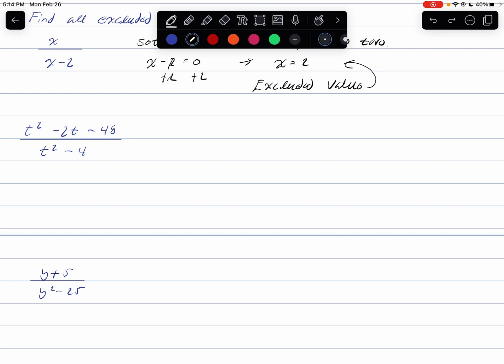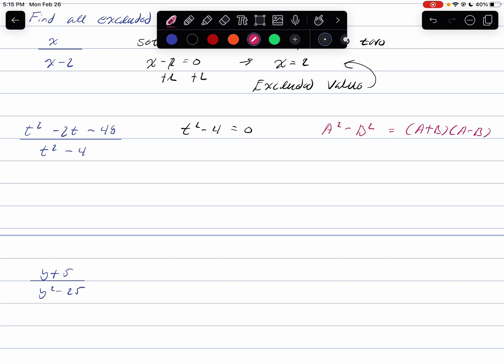So if we set the denominator equal to 0, we can get t squared minus 4 is equal to 0. Okay, and here we have a difference of squares. So remember our formula for a difference of squares. If we have a squared minus b squared, this is equal to a plus b times a minus b.